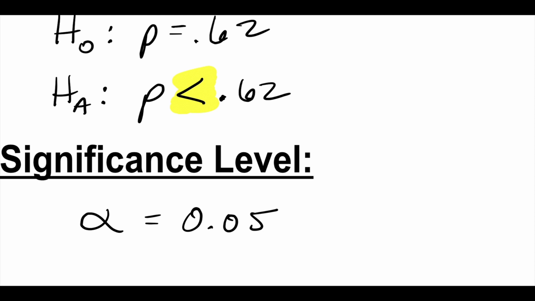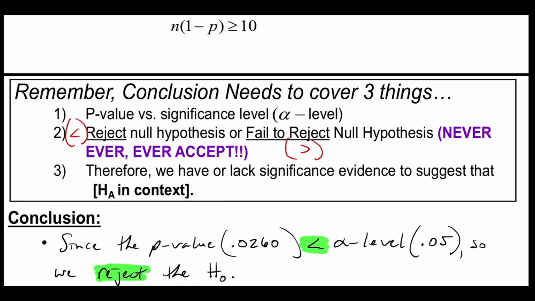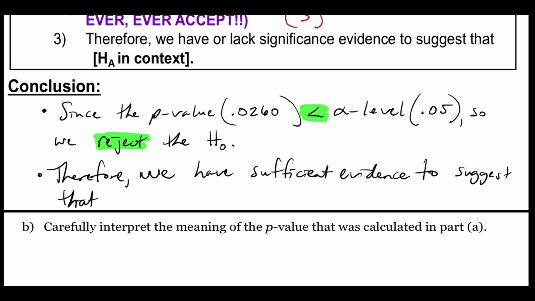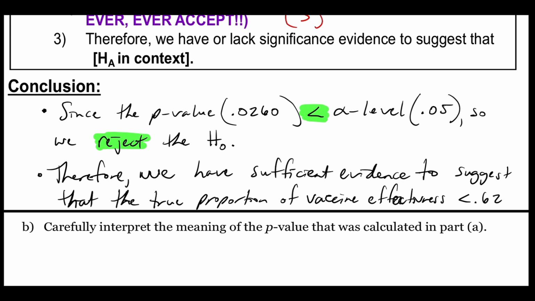It suggests that the true proportion of vaccine effectiveness is less than 0.62.